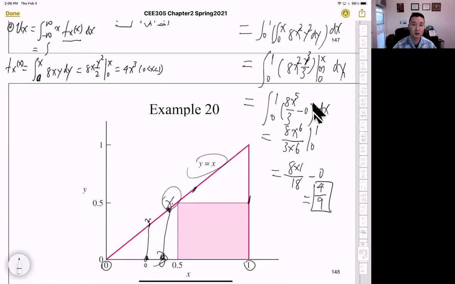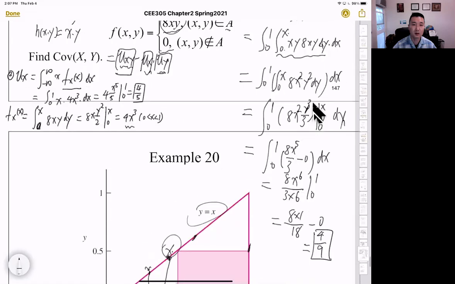X times the marginal function f(x), which is 4x to the power of 3, dx. So mu x will be 4/5. Okay, so we get mu xy and then we get mu x.